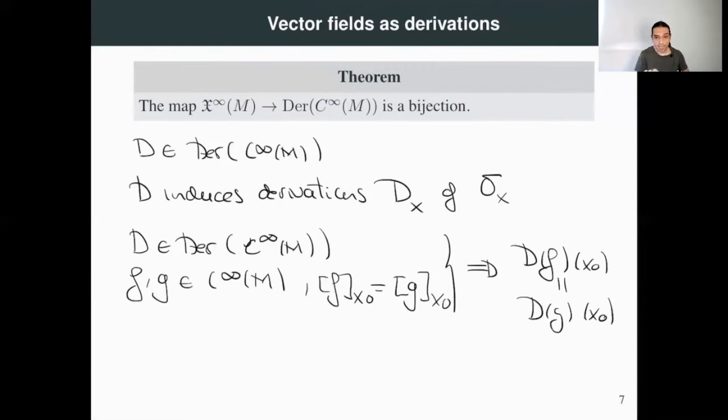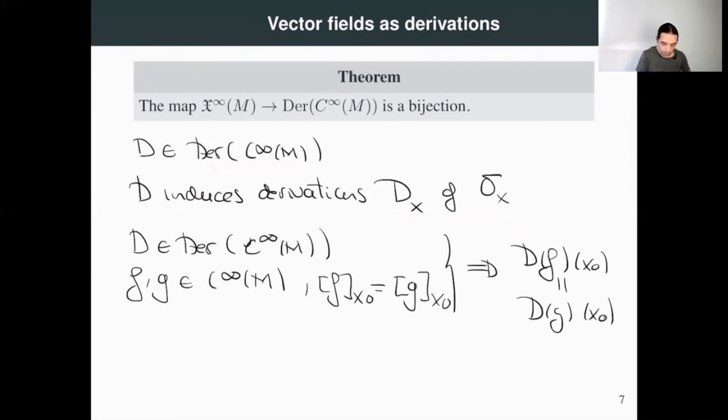We want to see that, okay? This is going to be important in order to see that a derivation of the space of C-infinity functions induces derivations in the spaces of germs.